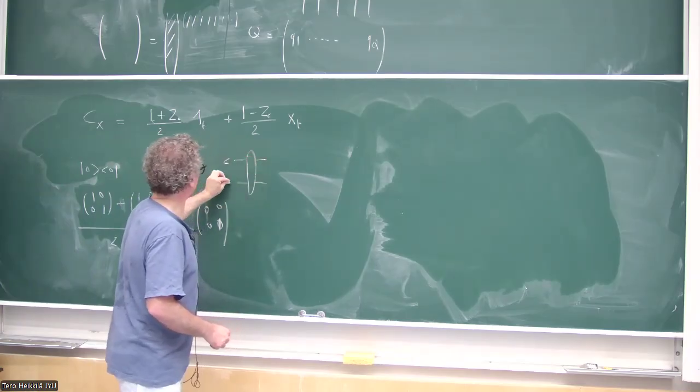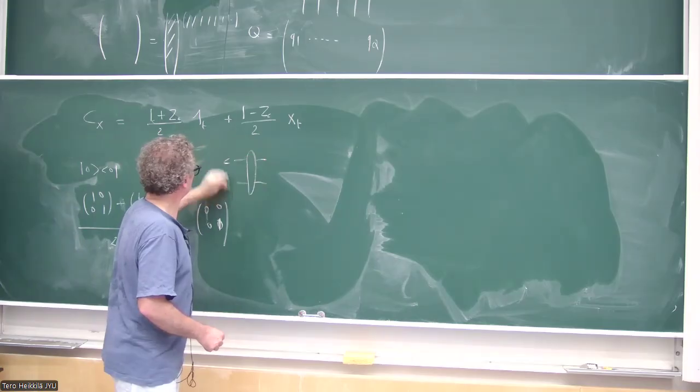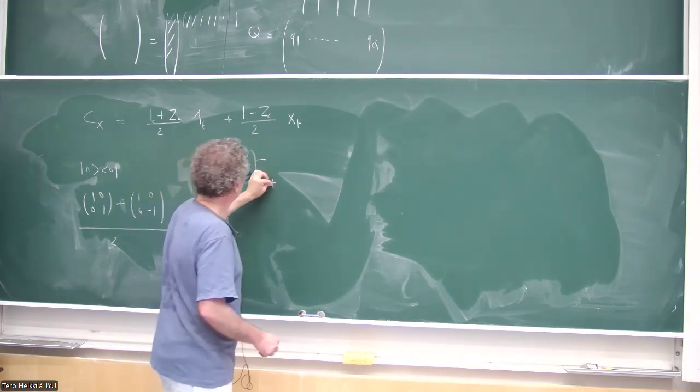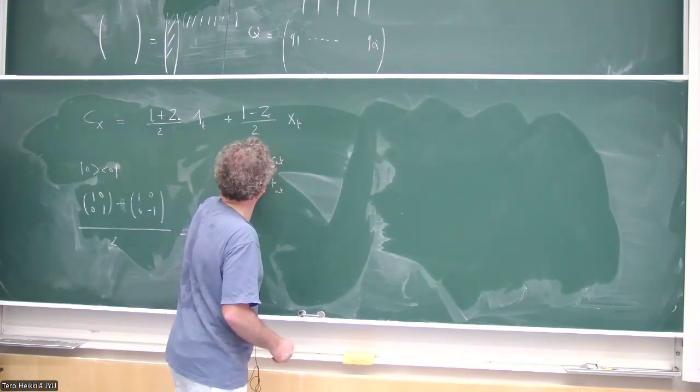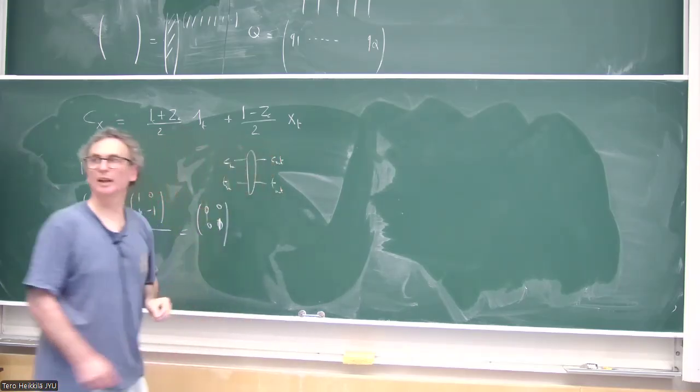Okay, so now if I look at this formula, I have control in, target in, target out, control out. This control X is a 4-leg tensor.